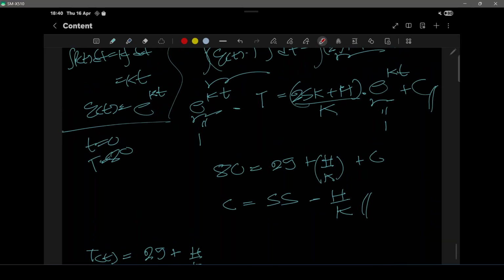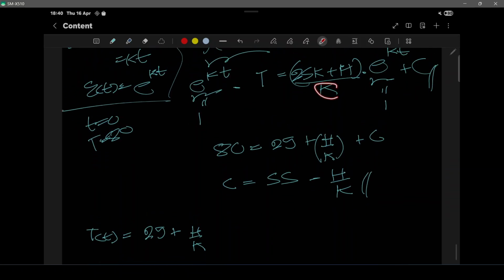If I divide the whole term by this, this will cancel out, and if I divide by k from these two terms, it is just 25 plus h over k, plus C, meaning 55 minus h over k times e to the power minus kt. So this is the final governing solution.